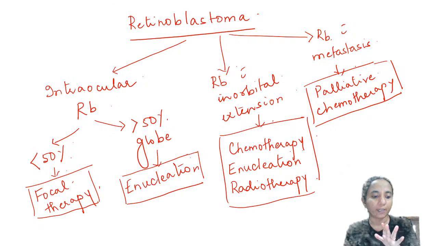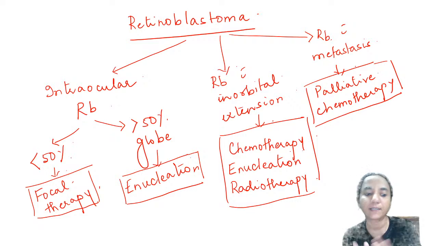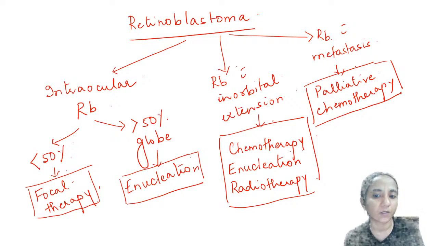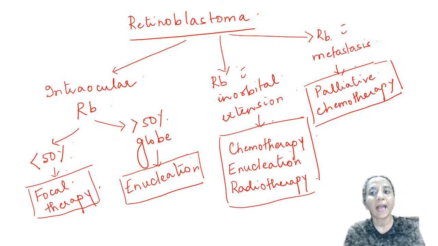For intraocular retinoblastoma, if they say that it's a large mass, then we mark enucleation as the answer. But if the question says it's a small mass, then we mark focal therapy. Now, if the question says that it's retinoblastoma with an orbital extension, that is, a locally advanced retinoblastoma, then the first option is to make it operable by a few cycles of chemotherapy, then enucleation, then orbital radiotherapy if needed. And if the question says that it's RB with mets, then the answer is palliation, that is palliative.